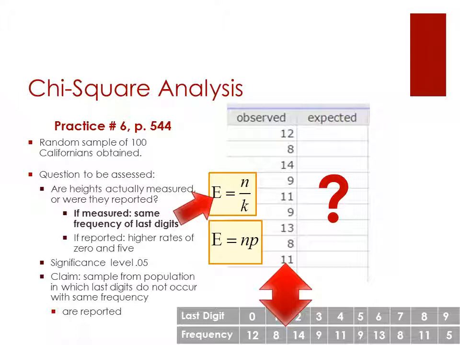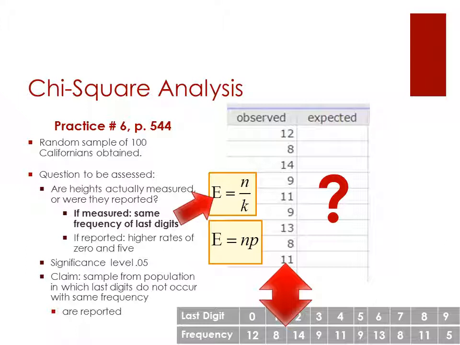We're going to divide it by the number of categories we have. How many categories do we have in this problem? Well, we have 10 categories, 0 through 9. So each of those is a separate category. So n divided by k is 100 divided by 10, which gives me an expected value for each of these digits of 10.